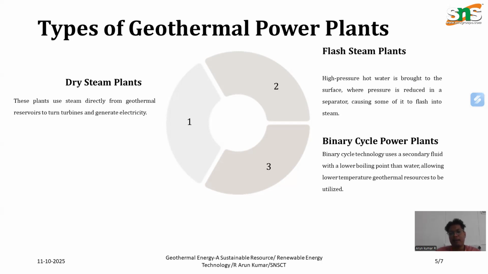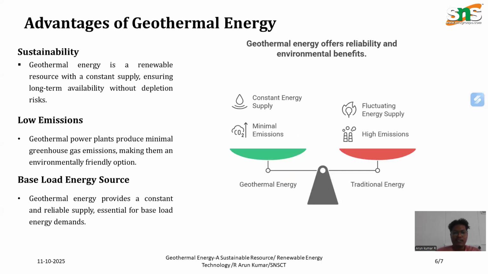The binary cycle plant uses a secondary fluid with a lower boiling point than water, allowing lower temperature geothermal resources to be utilized.